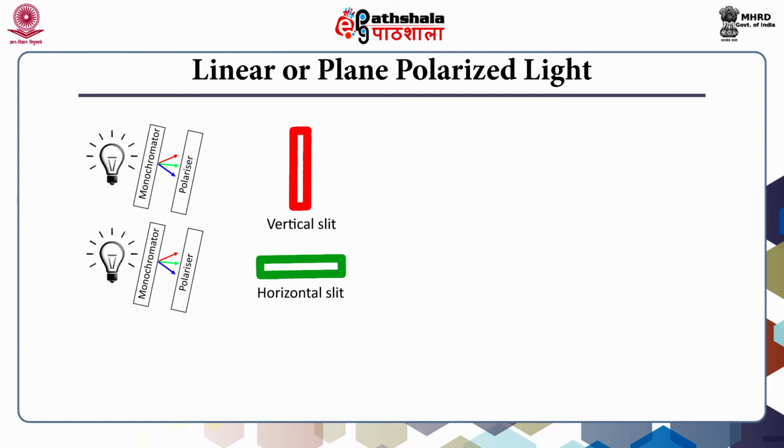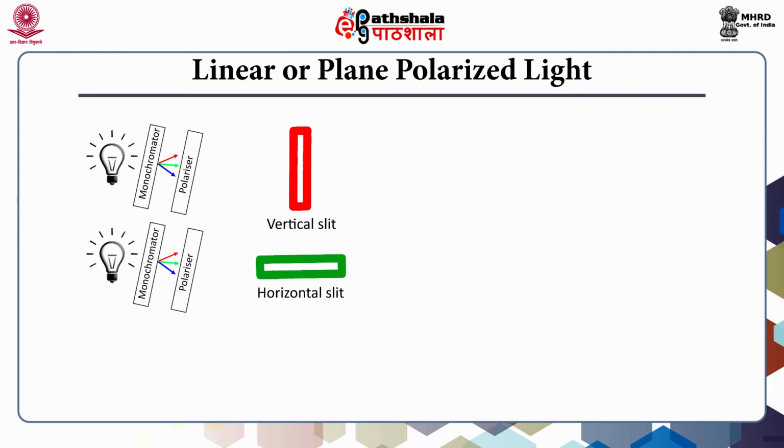First we have to purify the light of a given wavelength, which is done by the monochromator. Once we purify the light at a given wavelength, this is polarized through a slit. The slit is such that only waves oscillating in one direction will pass through it.